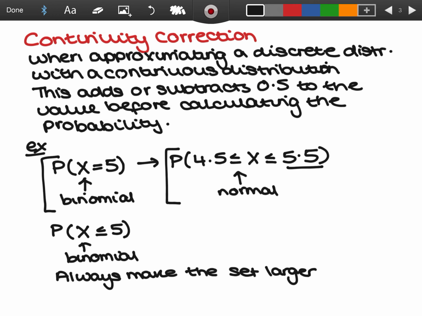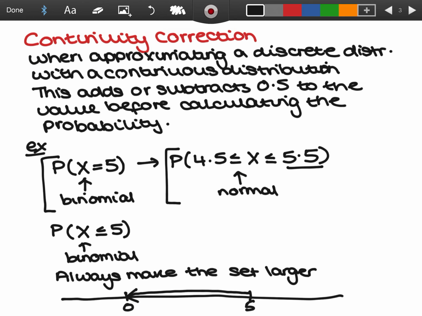If you've got the probability that x is less than or equal to 5, draw yourself a number line. We'll put 0 here, because 0 is the least amount of successes you can have. You can't have less than 0. And 5 is over here. We want the probability that x is less than or equal to 5, so we want the probability that it can equal any of these values here.